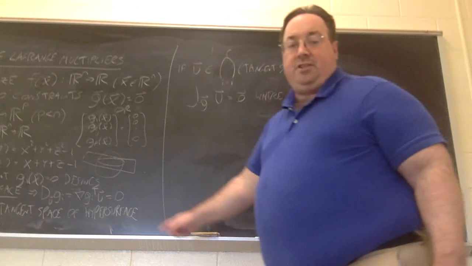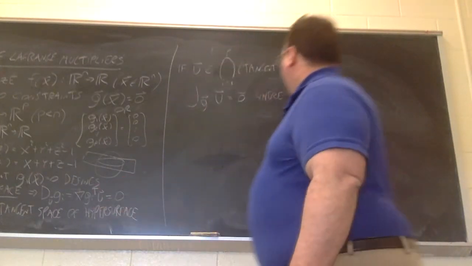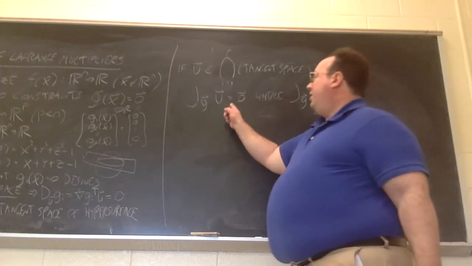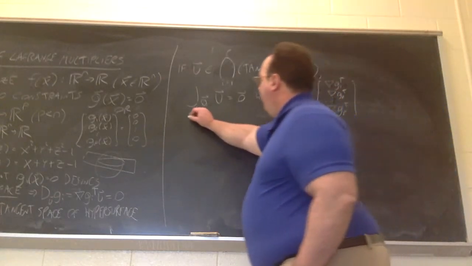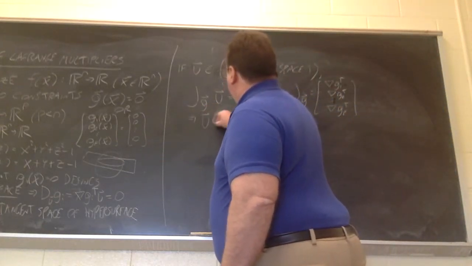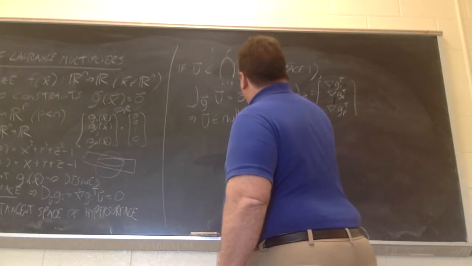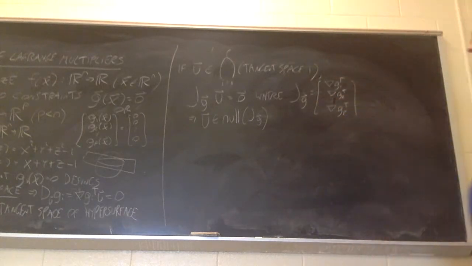So this dot product I have here, I'm just stacking them on top of each other to come up with this equation right here. So in other words, u is in the null space of the Jacobian matrix, which consists of all partial derivatives of all constraints with respect to all variables. So it's a p by n matrix.